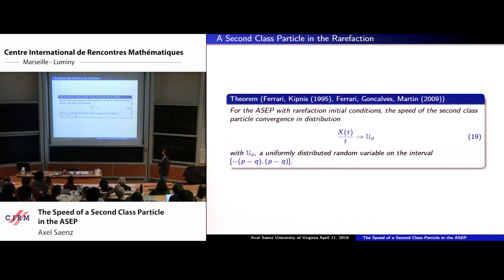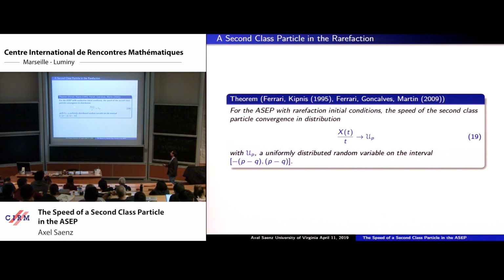And this is a result by Ferrari and Kipnis, 95, and Ferrari, Goncalves, sorry, Gonçalves, and Martin, 2009. I believe, if I remember correctly, that in 95 they proved it in distribution, and then in 2009 it was almost sure convergence.